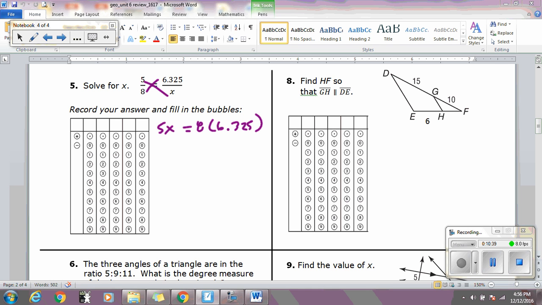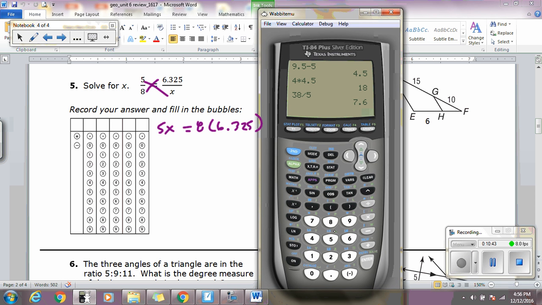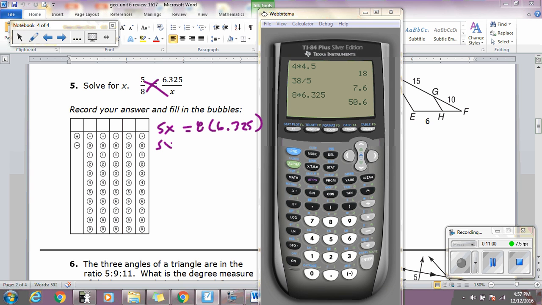So let's grab our handy dandy calculator and multiply 8 and 6.325. That's 50.6. So 5x is equal to 50.6.